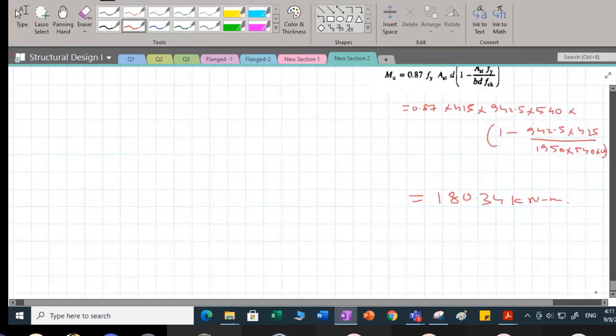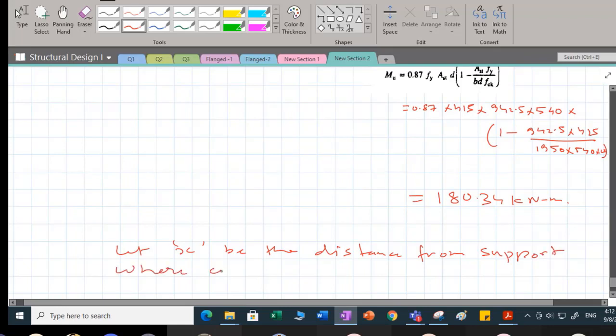So I'll say let x be the distance from support where curtailment is done.